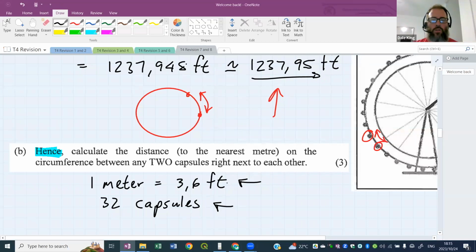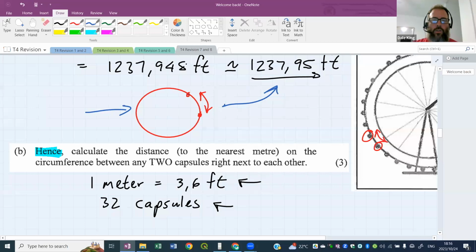What is the distance between two capsules if there are 32 capsules on the circumference, and they want this distance in meters? Look at this red circle. The circumference is over here, 1,237.95 feet, all the way around that red circle.